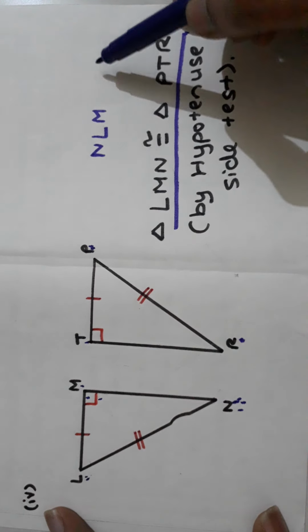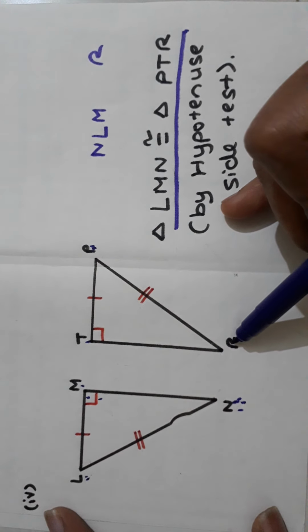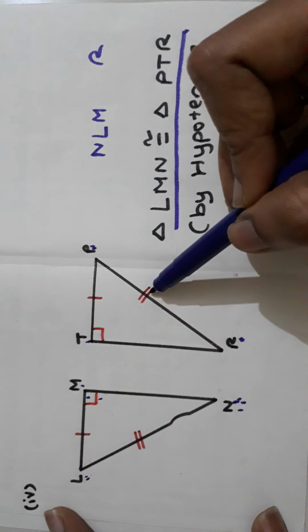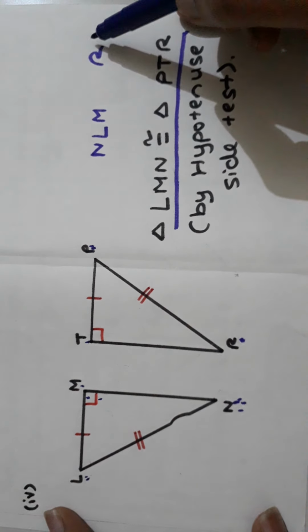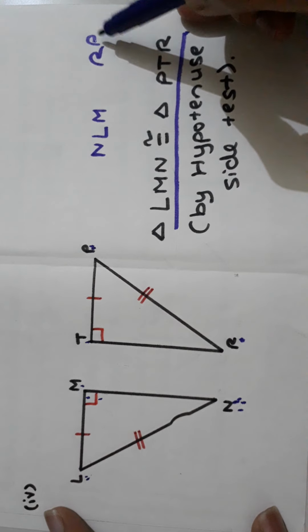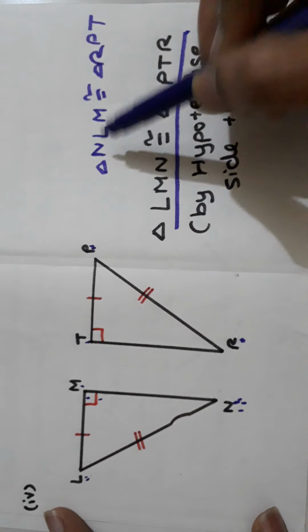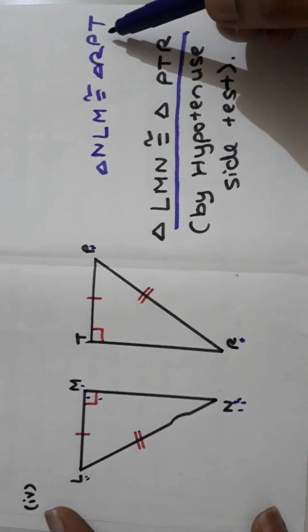Start at R, now move to the vertex P because the path from R to P is indicated by double lines. So R, P and T. So this is the other way of writing the congruency.